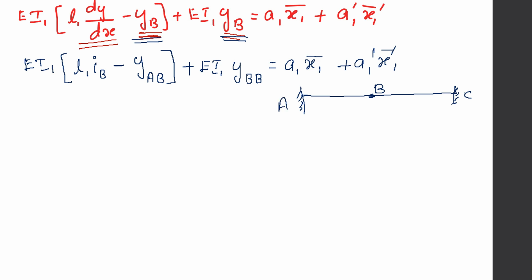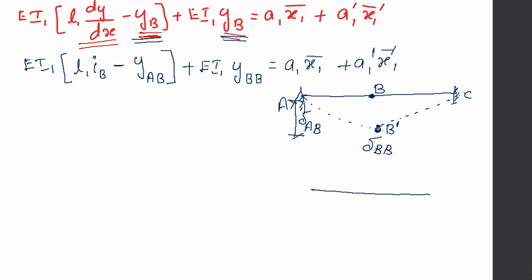and when the support B is sinking, when it has some settlement, this B comes from B to B dash, and therefore the deflection will be like this. The deflected shape will be like this. So this distance is delta AB and this is delta BB. So B actually comes here.